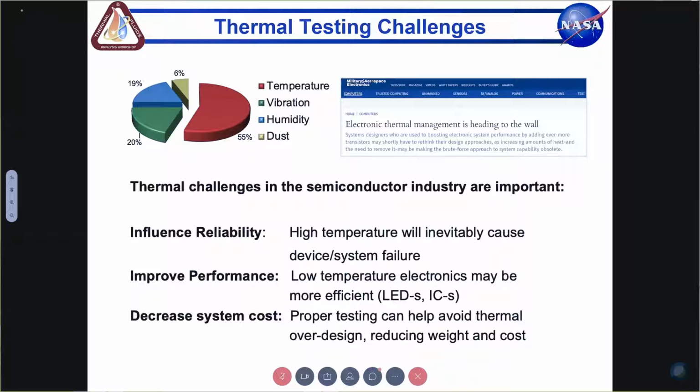And again, the reason this is important: temperature influences reliability, but also in some cases, it influences performance, especially for LED-based light sources. I'm talking about high power, such as headlights, indication lights, or also for complex ICs.